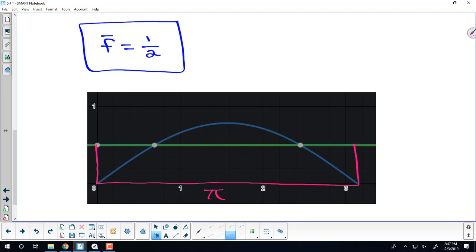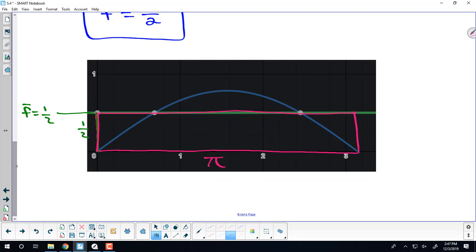And we now know the height of that is 1/2, because it goes up to our average value. This is f bar. So this dimension here is 1/2. So we're saying that the area of this rectangle generated by that is the area under this curve and the x-axis.